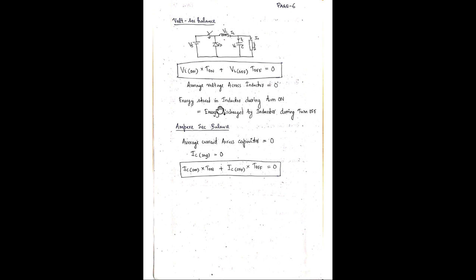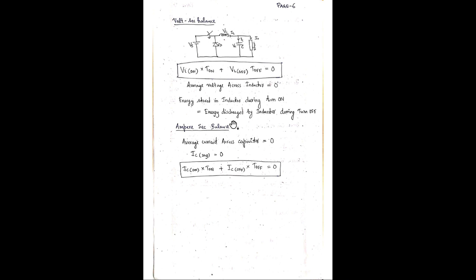So energy stored during turn on is equal to energy discharged by the inductor during turn off. That is what this volt second balance signifies. VL on into T on plus VL off into T off is equal to 0. This equation you have to keep in mind.